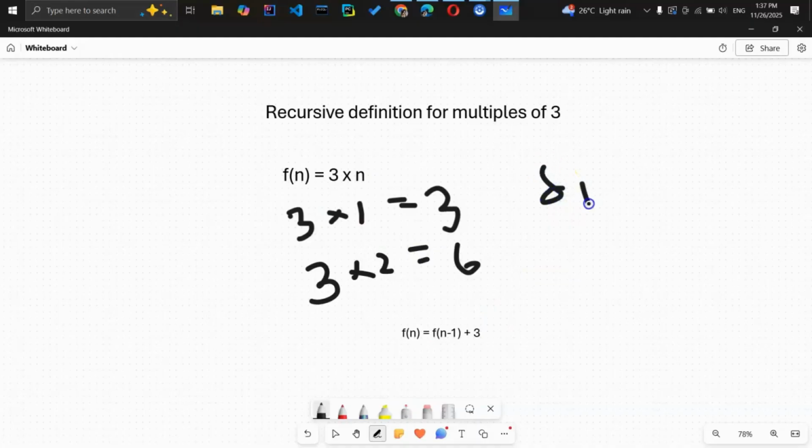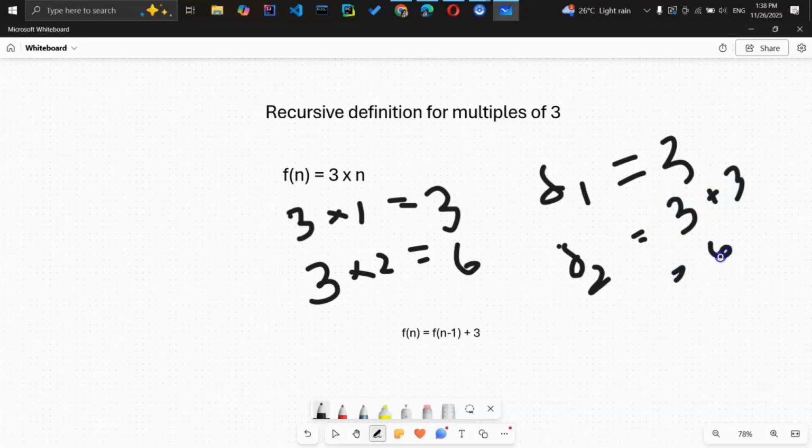F1 is equal to 3, right? Now F2 means F1 value plus 3, right? And F1 value is 3, and 3 plus 3 is 6, right? What about F3?